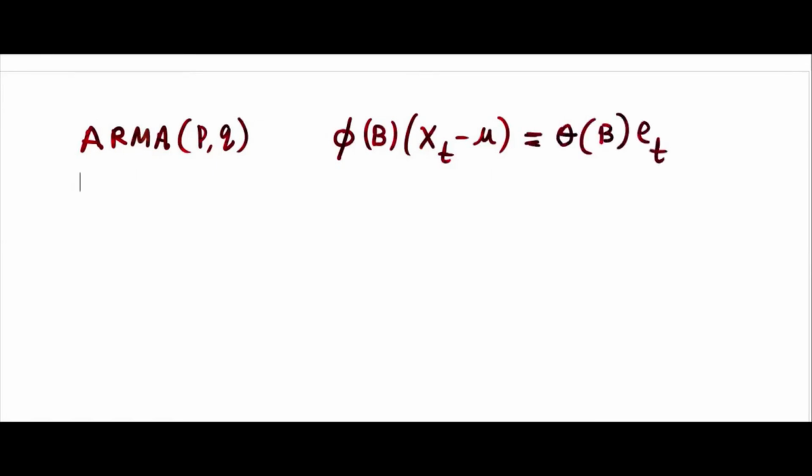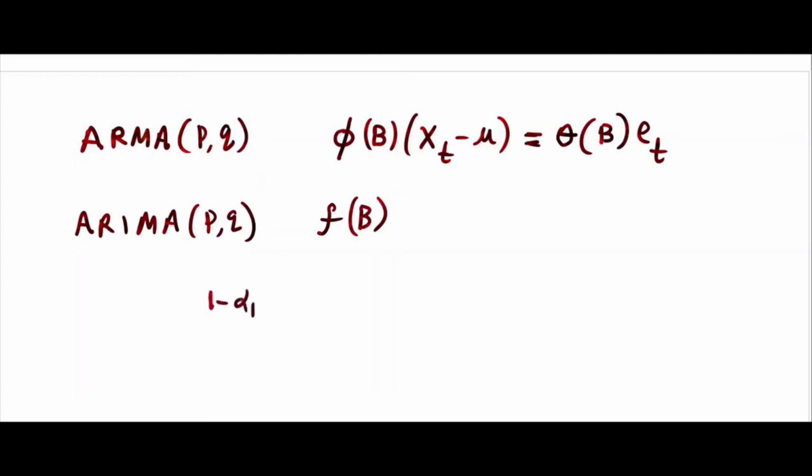This is ARMA. Now if you go to ARIMA, suppose this will be a function of b, okay? Whatever, if you want, I will write the full function here. 1 minus alpha 1 b. Normally we get this way. You continue, then you write alpha 1, alpha 2, alpha p, right?